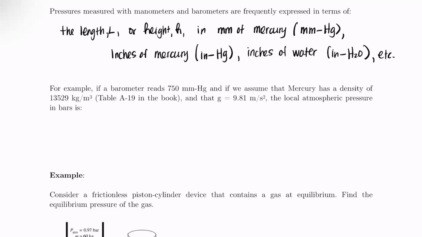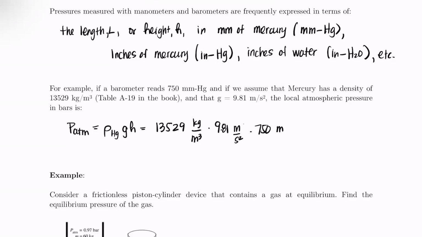Then to calculate the atmospheric pressure in bars, we have that pressure is equal to rho, using mercury in this case, g H. So we have 13,529 kilograms per meter cubed times 9.81 meters per second squared times 750 millimeters of mercury.